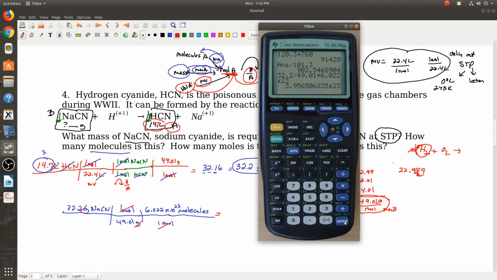Enter. Okay, so it gives me 3.956, and we need to make sure we have this E23 in our answer. A lot of people are forgetting that when they're doing it. Be careful to add that to your answer. It's times 10 to the 23rd.